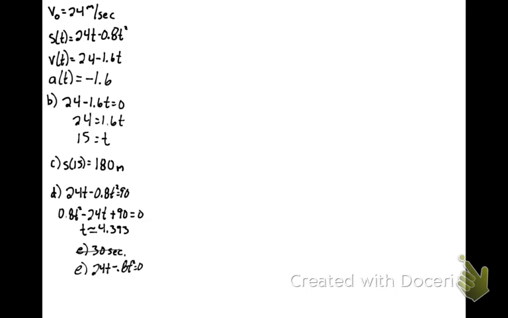When we factor out a t, we'll have t times 24 minus 0.8t equals 0. For this part, t equals 0, and for this other part, t equals 30 seconds.